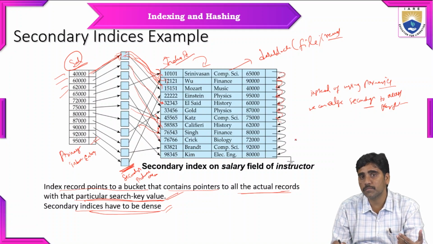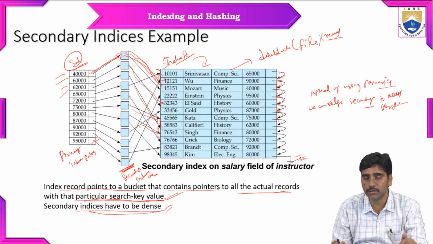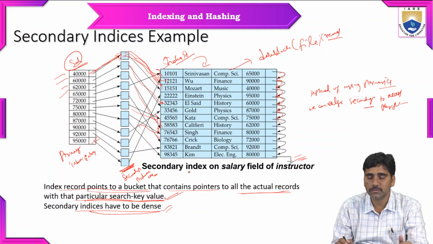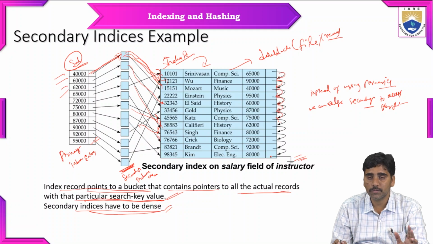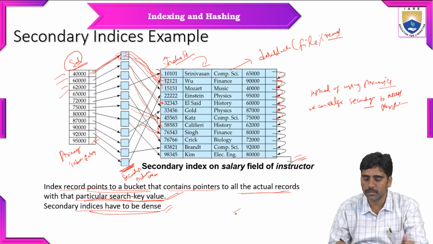This happens up to the last entry of the record being found. And the index record points to the bucket that contains pointers to all the actual records with a particular search key value.